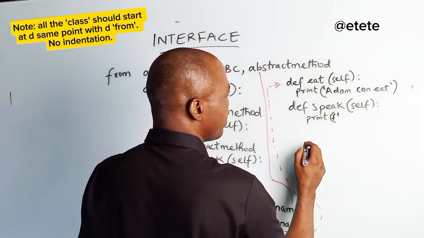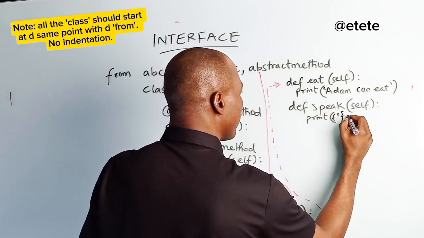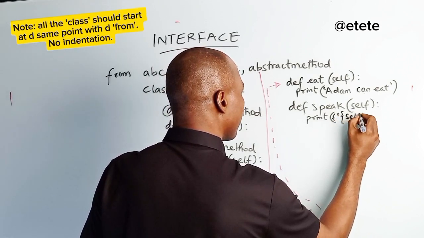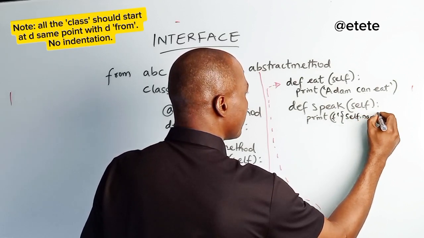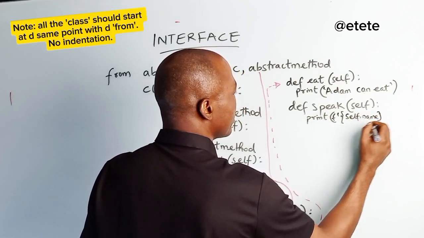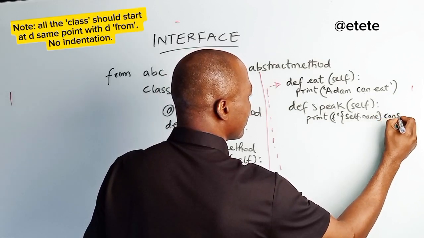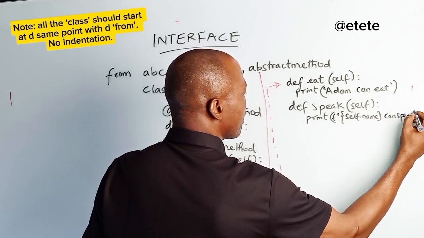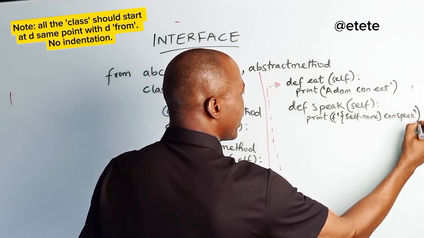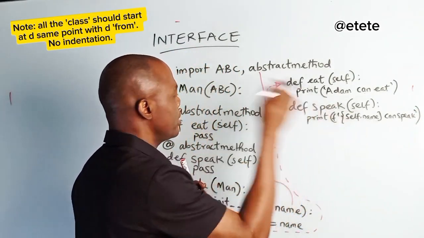I can use my format string, and then I will do this, and then I will say self dot name, right? I will close this. Then I will say can speak. Then I will close this back and I will close this. Okay, because of the space, that is why I'm doing this.